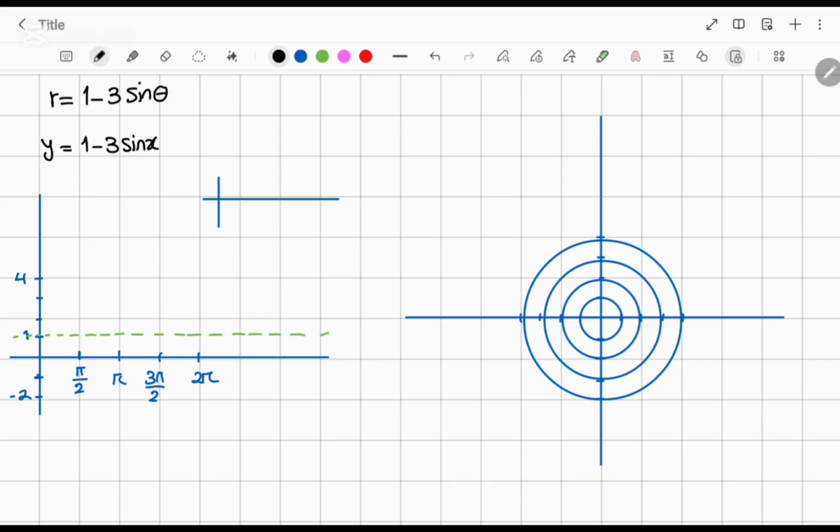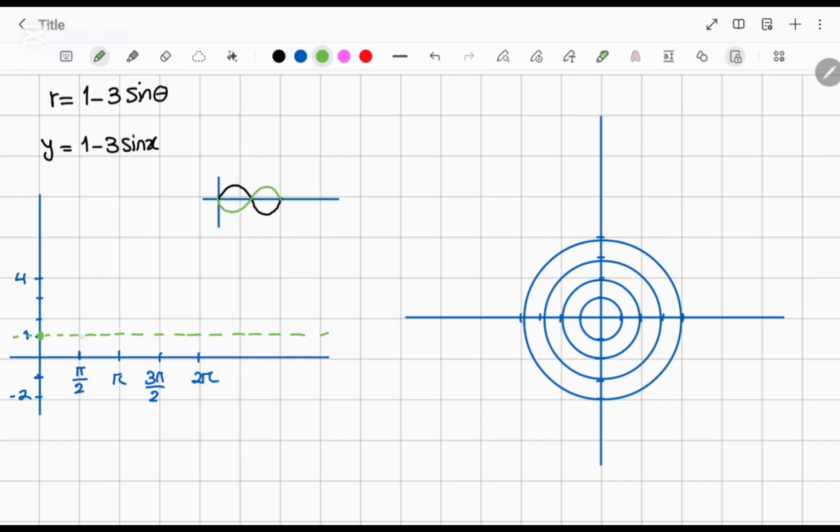And if this is the graph of sine, if it's going to get reflected, it's going to look like this, okay? So let's use green. On 0, sine is 0, which is going to be at the midline, which is at 1.